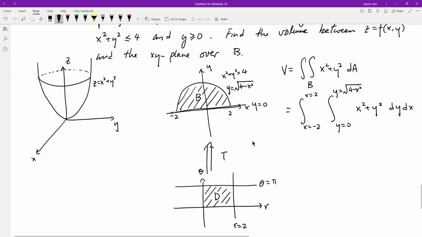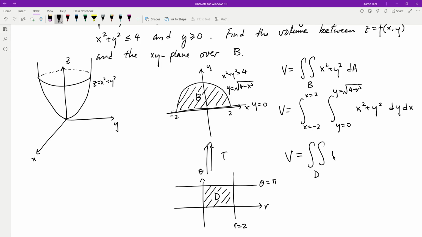So what would happen to this integral? Now this integral has more things going on, so let's try to go through this. First of all, V would equal a double Riemann integral over D of x squared plus y squared, but I do need to replace x and y with r and theta.